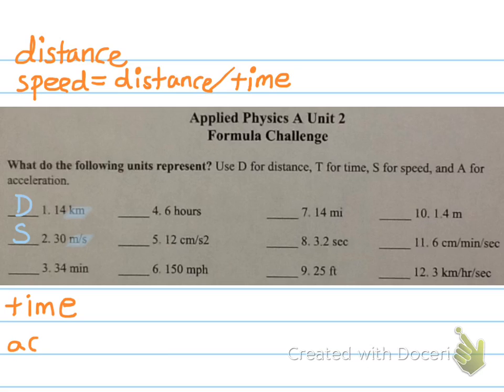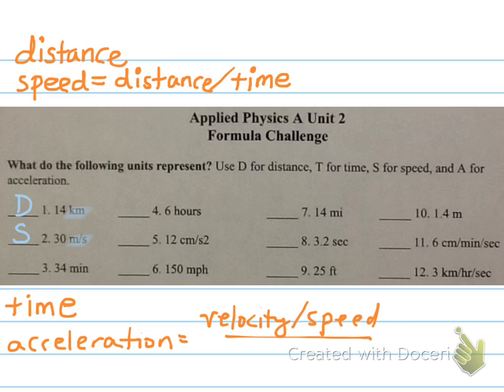And acceleration is a velocity or a speed per time. So in this one there should be 2 time units because velocity or speed is some distance per time and then you have time again.